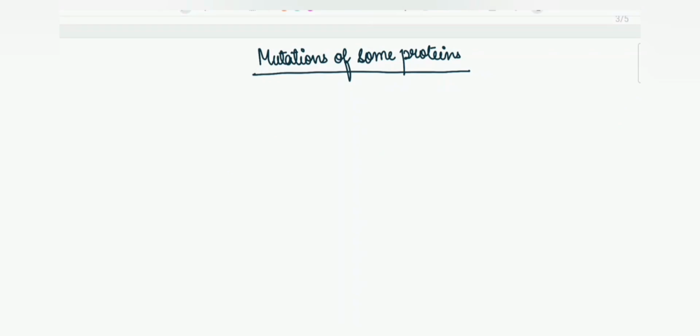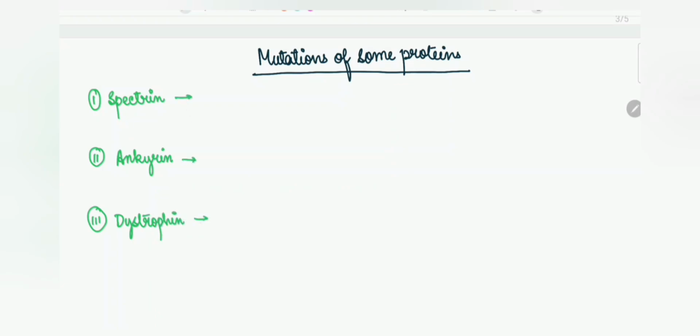Some of the proteins can also undergo mutations. The first protein which can undergo mutation is spectrin. The second is ankyrin. And the third, dystrophin. So what can be leading when there will be mutation in these proteins?